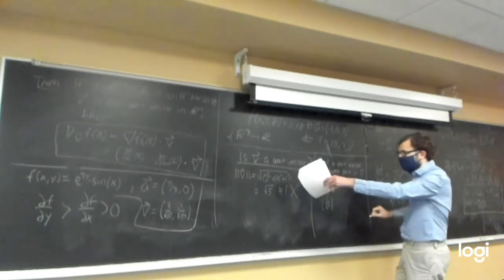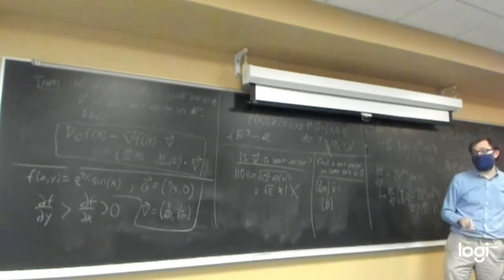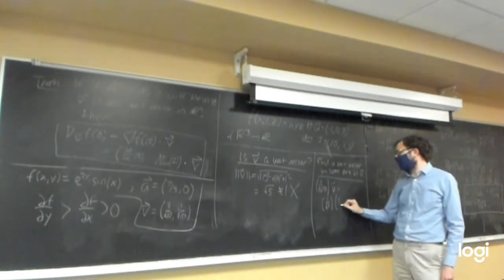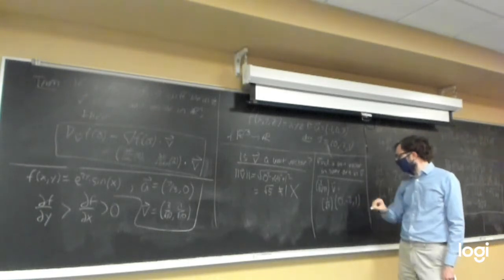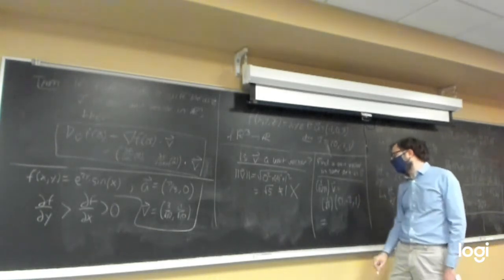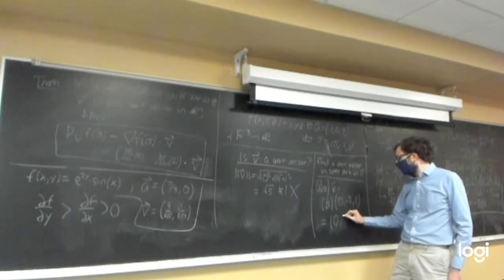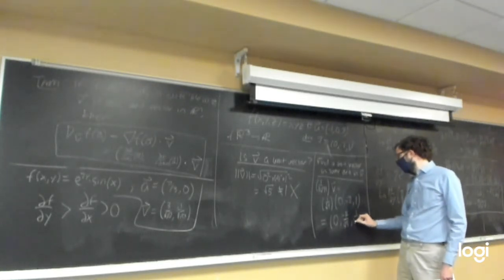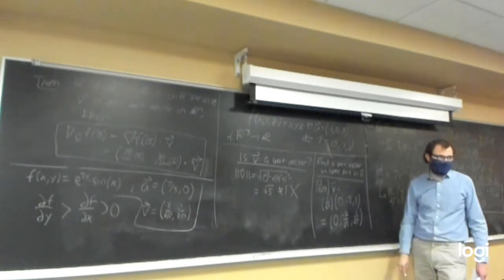I already found the magnitude of v, the square root of 5, times the vector 0, negative 2, 1. And when we evaluate this out, I think we're going to get 0, comma, negative 2 over square root of 5, comma, 1 over square root of 5.